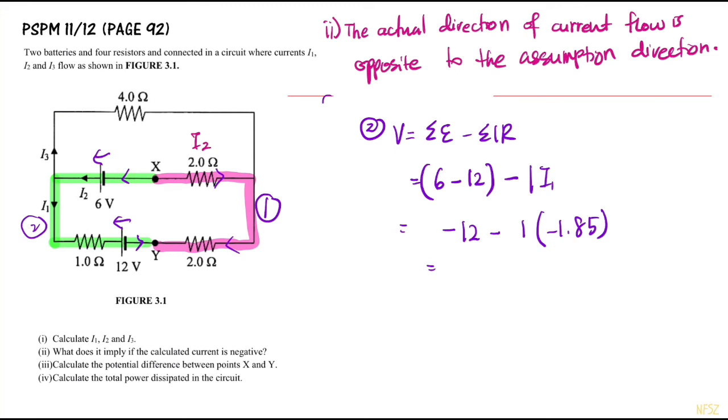Kenapa salah? Sekejap. Sorry lah. This is negative 6. Okay. So negative 6 plus 1.85 dapat negative 4.15 volt. So samalah yang tadi. Therefore V XY equal to 4.15 volt.